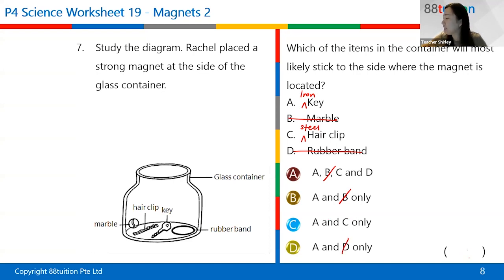So your only answer is C, because marble is definitely made of glass, and this one is definitely made of rubber. It could have been clearer if they put exactly what material key and hair clips are made of. But then again, you can just use process of elimination to eliminate the answers that are definitely wrong.